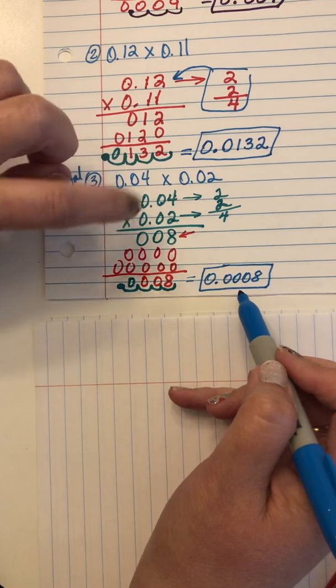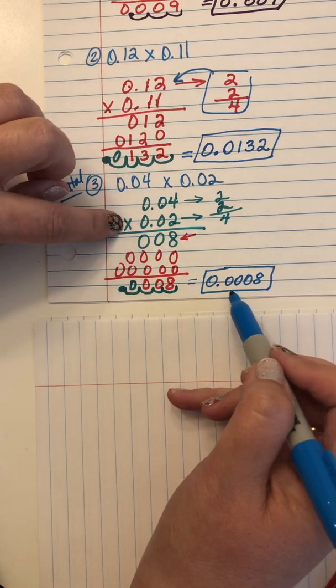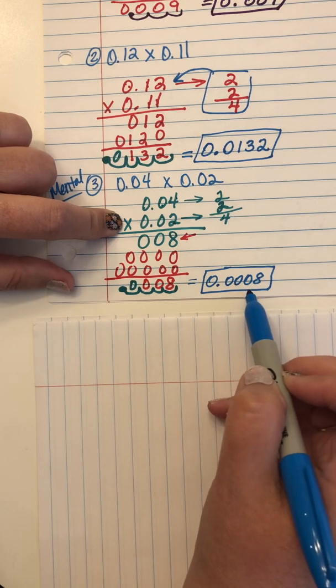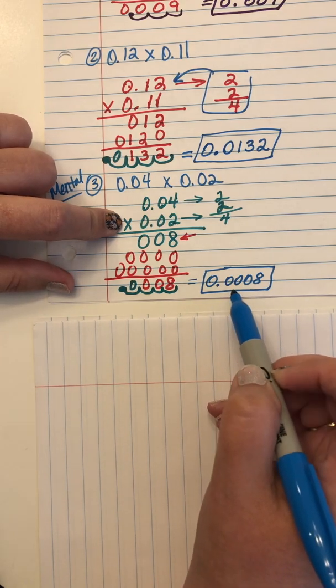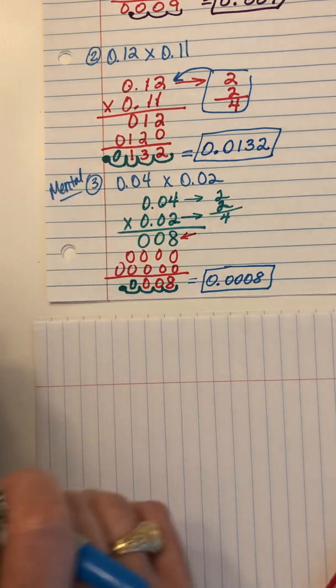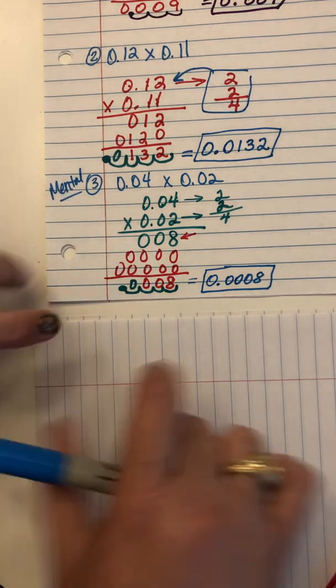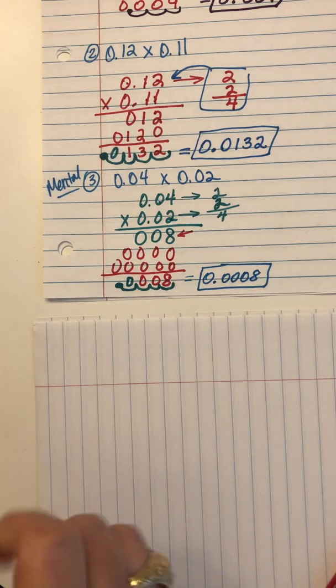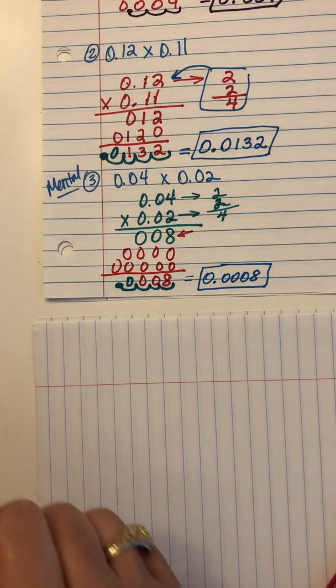That's the key for multiplying decimals. This does not apply necessarily with addition and subtraction, but with multiplying it does. Okay, and you also don't have to line them up, which is kind of fun.